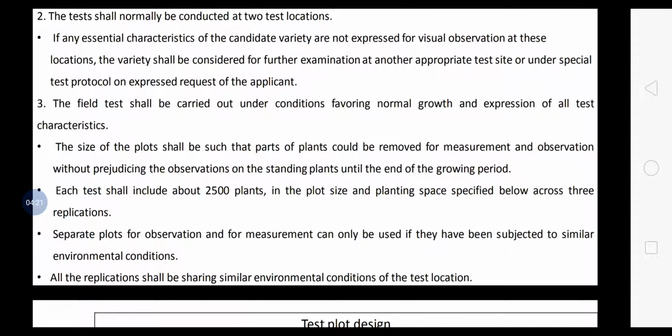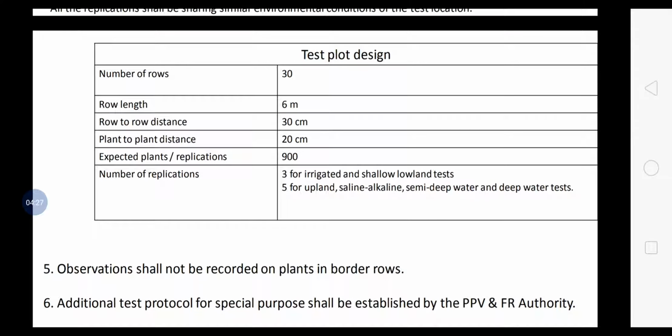All the replications shall be sharing similar environmental conditions of the test location. Coming to the test plot design, the number of rows may be 30, row length minimum 6 meter, row to row distance 30 centimeter, plant to plant distance 20 centimeter, expected plants per replication 900.